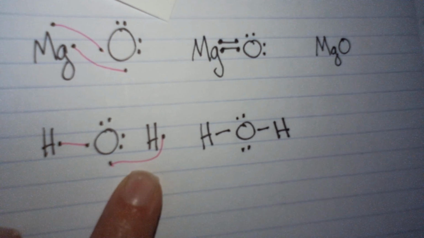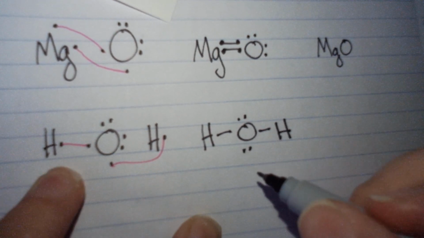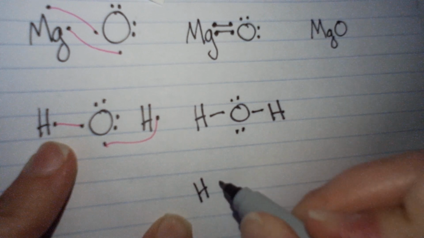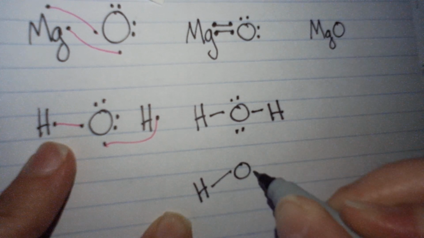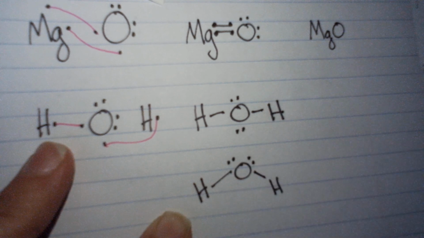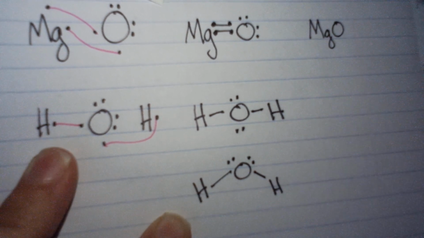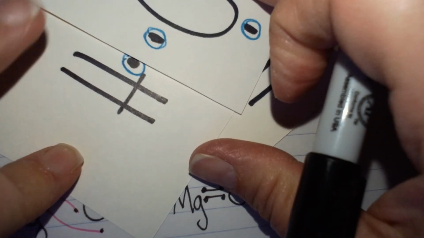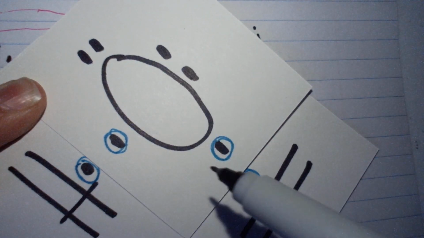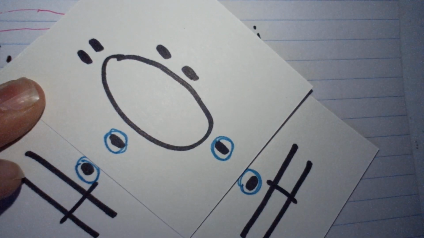Now, when you have something like this, you could also draw it. You have options. Because this, remember when we had it laid out, shows the shape of the molecule a little bit better.